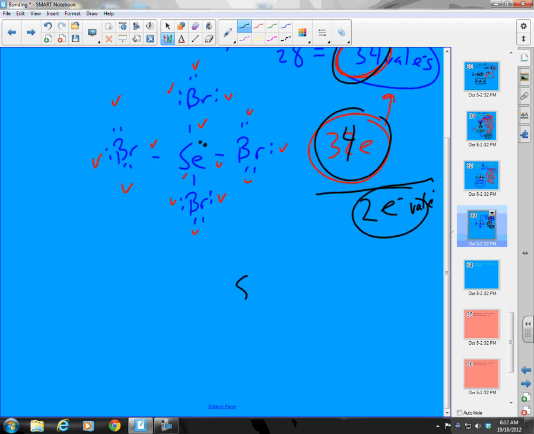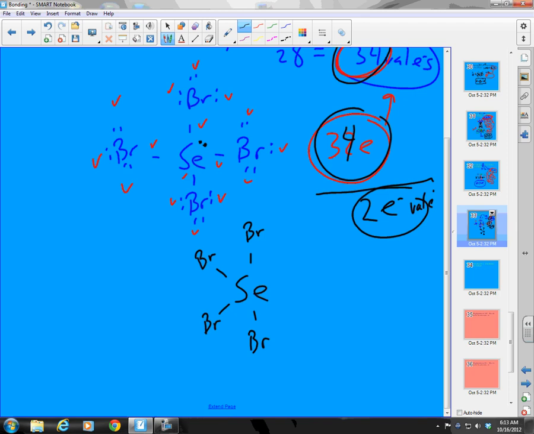Let's clean this up. I have selenium, and I'm going to draw it slightly differently here. Let's put a bromine here, and a bromine here, and a bromine here. You don't have to do it this way. Oops, I really need to do it this way. Sorry. Put a bromine here.